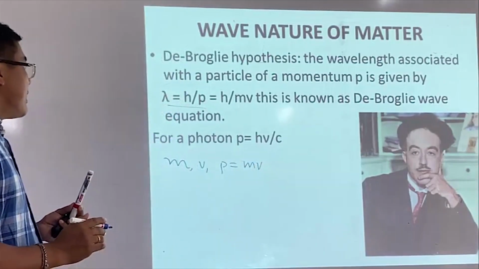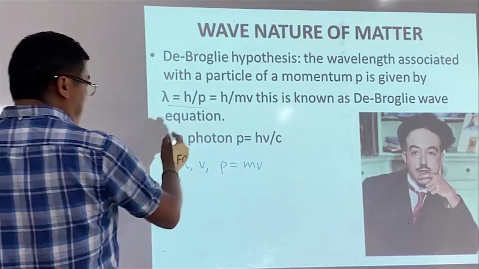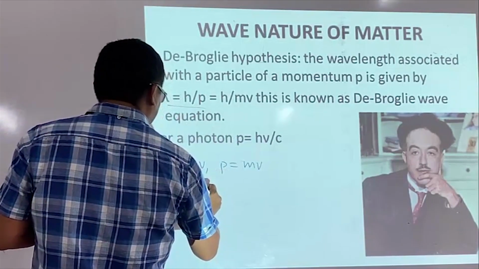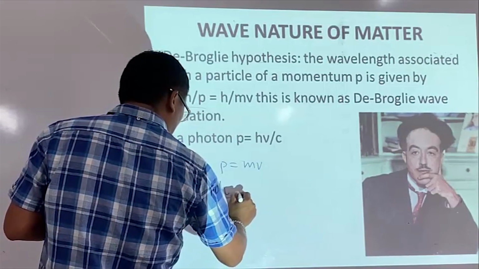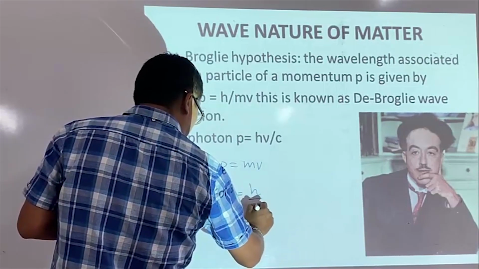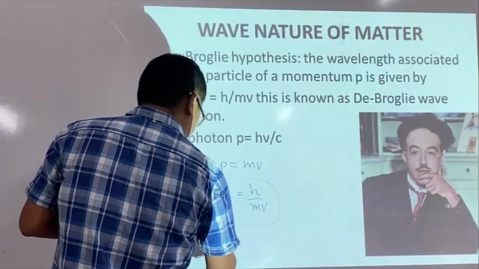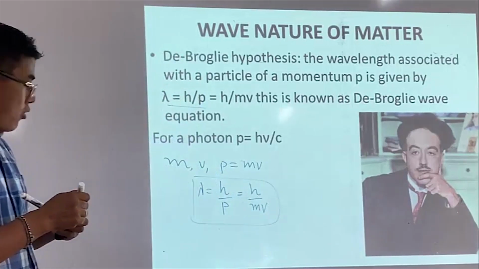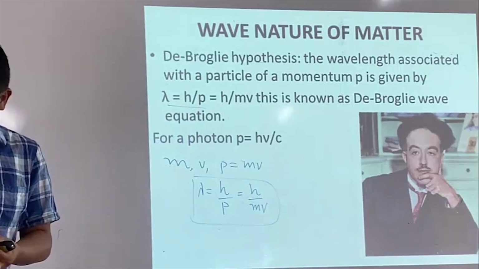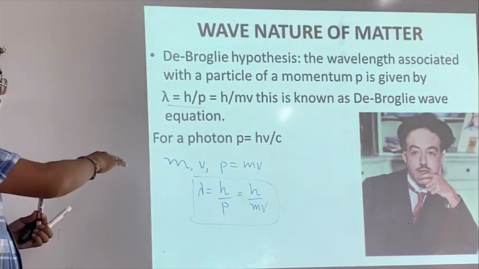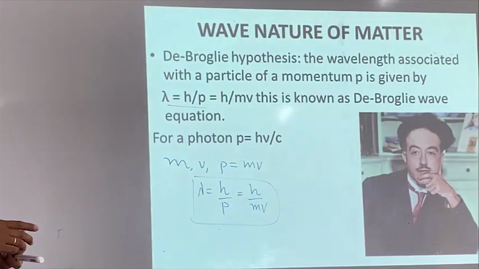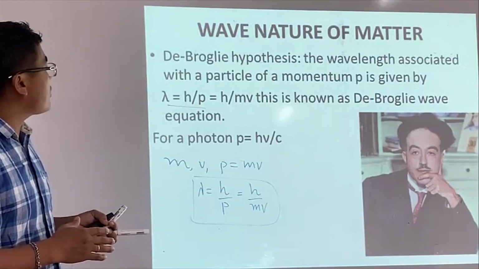He says that this particular particle has a wavelength that is given by lambda equals h by p, or equal to h by mv. So the wavelength is given by this, and this was first proposed by de Broglie.